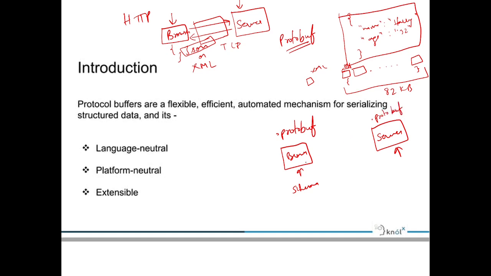So what we are doing is, we are not sending the complete text like we do in the case of JSON and XML. Instead, we are just passing the data entries. If we take the XML example, we are not passing the name, we are just passing the value, like my name is Harry. I'm just passing this value, and whatever size is required, we will use that.